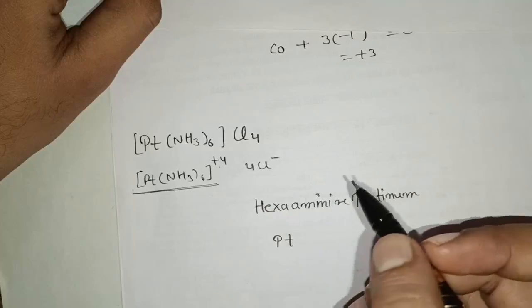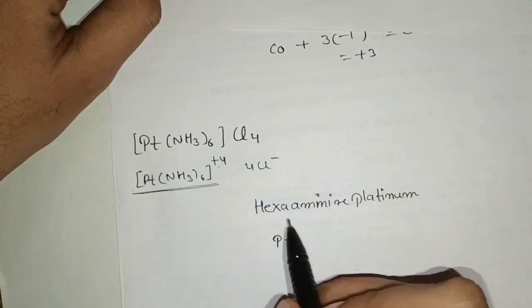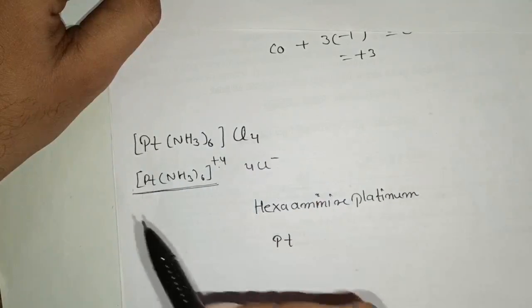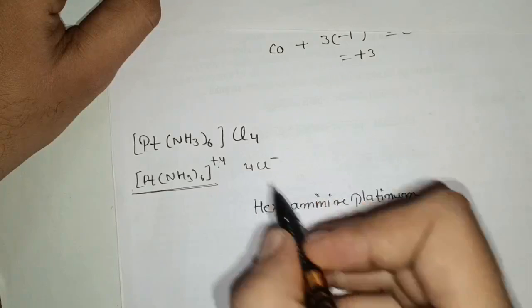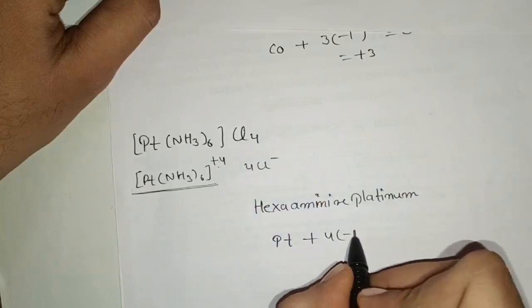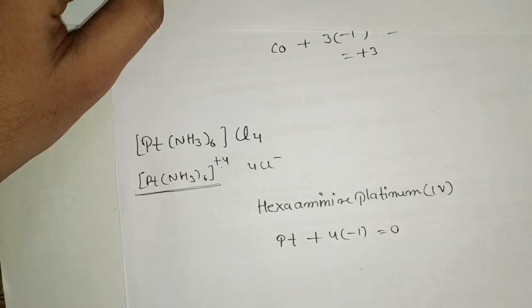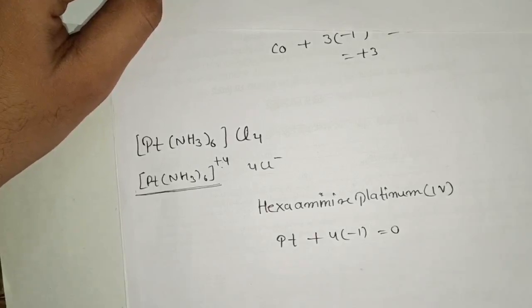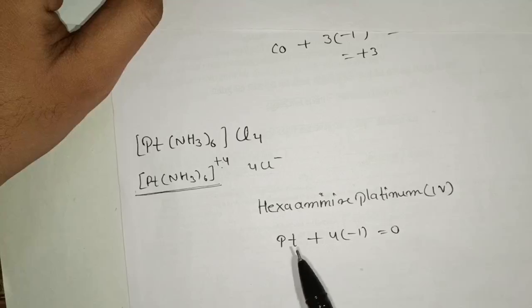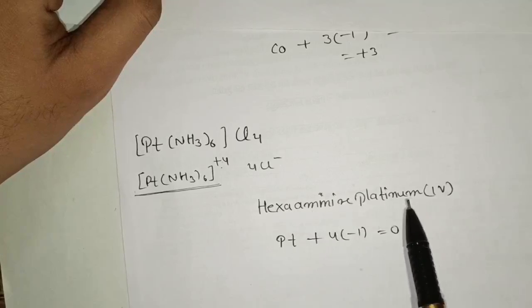You can apply this method also, because otherwise you may write like this: platinum and +4 charge directly on the platinum. Otherwise you may do the simple way: ammonia having no charge, +4, chlorine -1 equals 0, platinum having +4 charge. All right, calculating the oxidation number is a different topic. You may see in a book, or you may see any other video. So in that way, the name is hexaammineplatinum(IV).